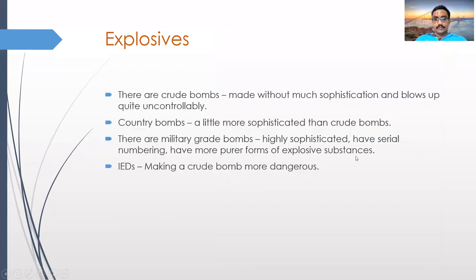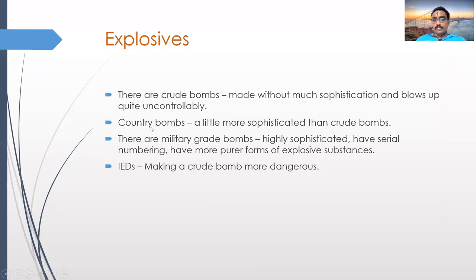We see more of crude bombs, that is bombs which are made at home with not much training. People make bombs these days with a little bit of chemicals that they encounter or get access to. Not too sophisticated bombs. They can blow up very uncontrollably.